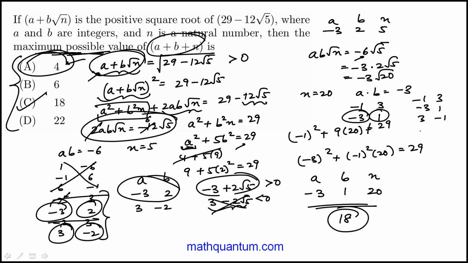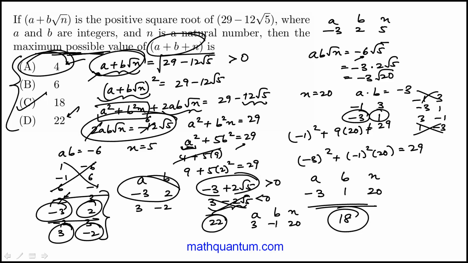So 3, -1 and 1 and -3, which is not going to work. So 3 and -1 also satisfies: a, b, and n are 3, -1, and 20. And you'll see that in this case, they add up to 22, which is also there.